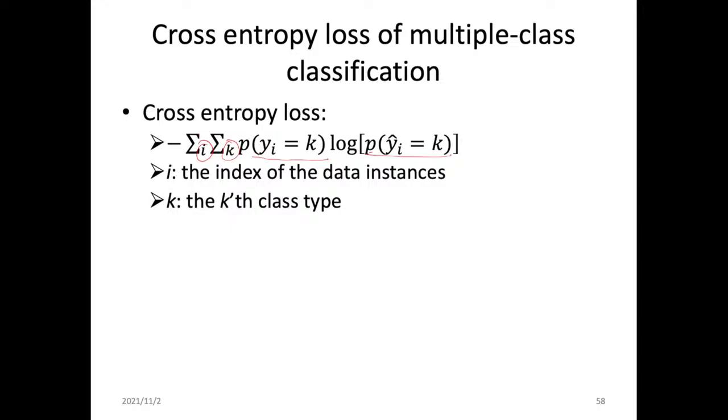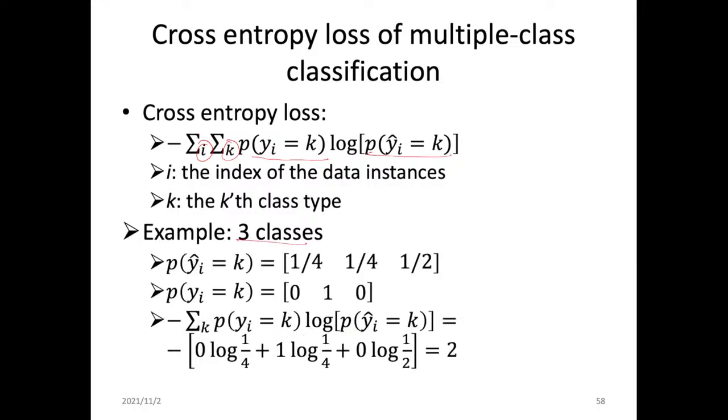Okay, so I'll give you an example. If we have 3 classes and the probability that a certain yi hat equals class k, where k can only be 1, 2, or 3, is 1/4 for the first class, 1/4 for the second class, and 1/2 for the third.